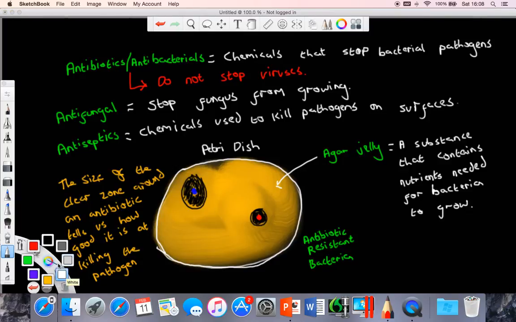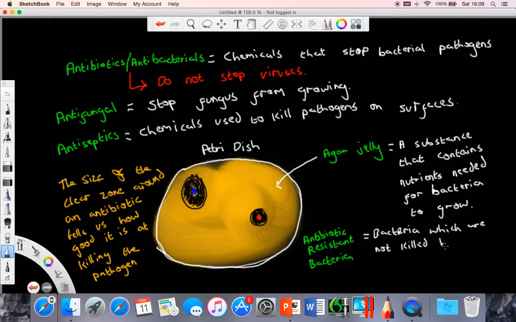Now, antibiotic resistant bacteria are bacteria which are not killed by antibiotics. And it's actually the overuse of antibiotics which is creating antibiotic resistant bacteria. So by using lots of antibiotics, we're creating these antibiotic resistant bacteria.